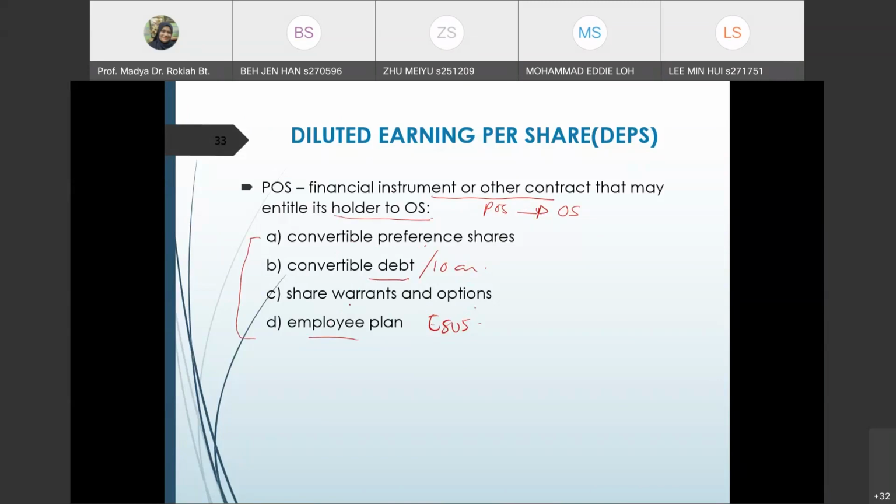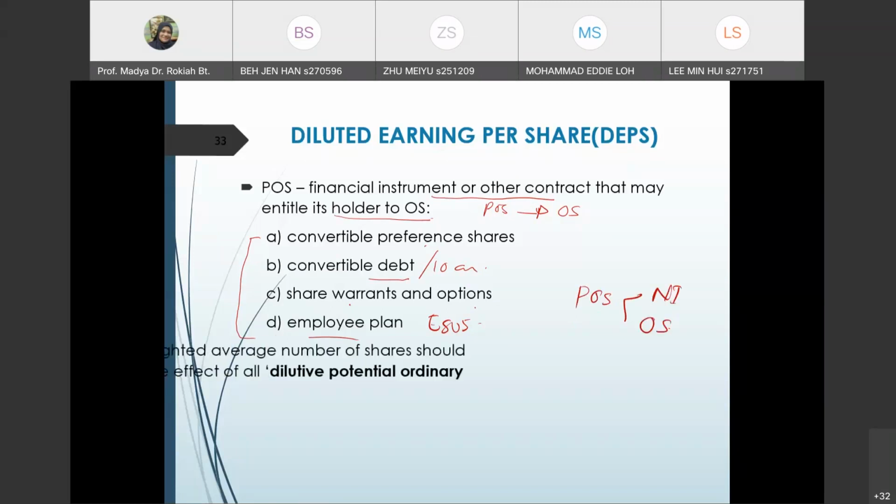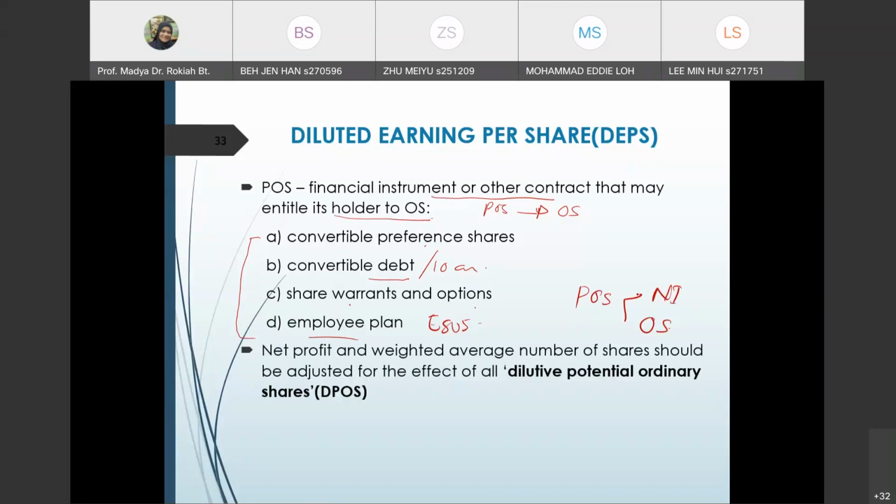Once you have the effect of the POS, it is going to affect both the net income and the ordinary shares. The net income and weighted average number of shares should be adjusted. We need to adjust the net income for the effect of all dilutive potential ordinary shares.